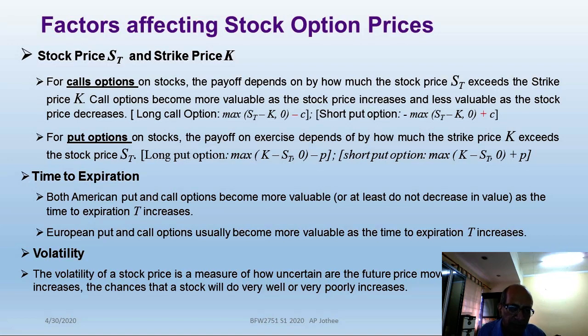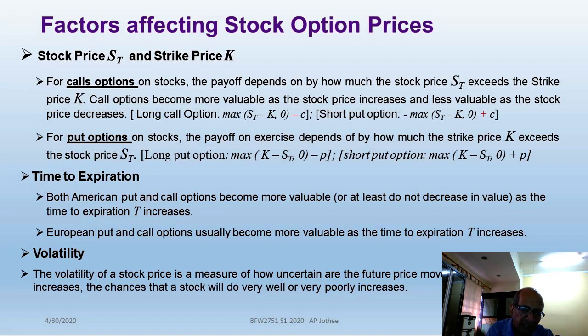Well, for a put option on the stocks, the payoff on the exercise depends on by how much the strike price K exceeds ST. Here we are talking about K being the subject matter. The higher the K, the larger the payout will be. For a long put option, it is K minus ST, and K minus ST minus P for the profit function.